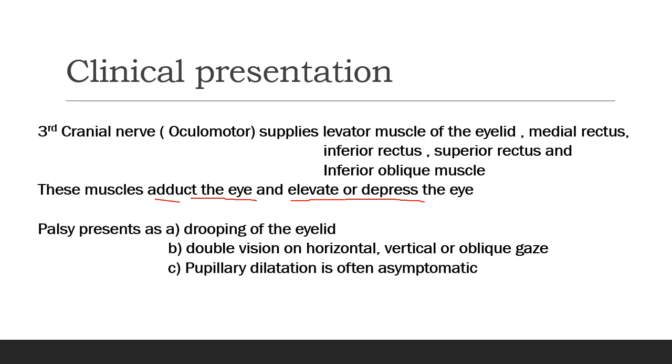So palsy will present either with drooping of the eyelid along with a double vision. This double vision can actually happen in horizontal, vertical or oblique gaze. Pupillary dilatation is often asymptomatic, but occasionally it can cause a blurring of static vision.